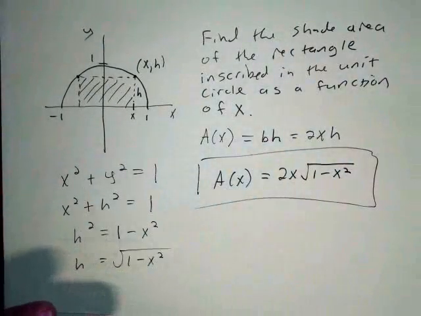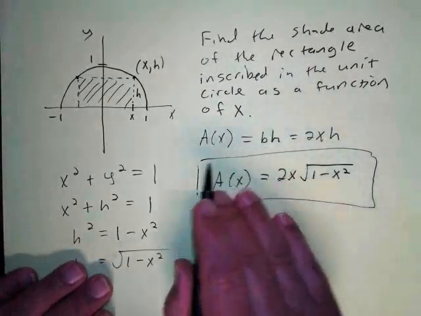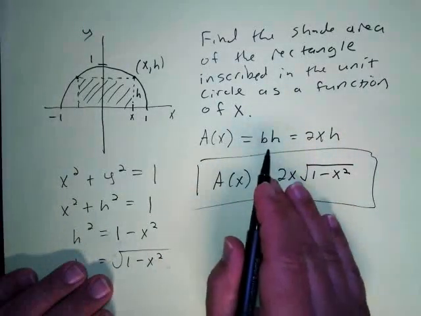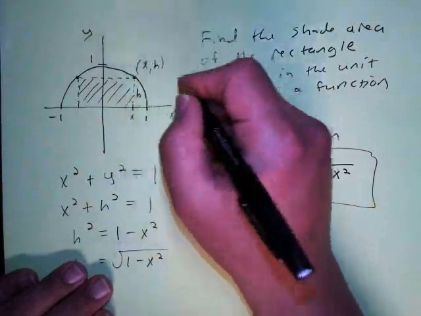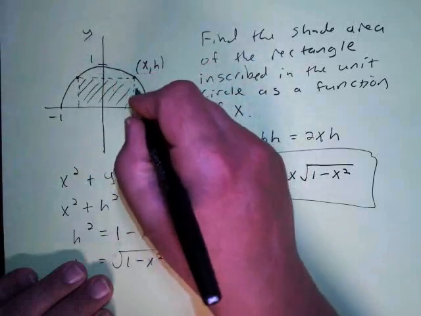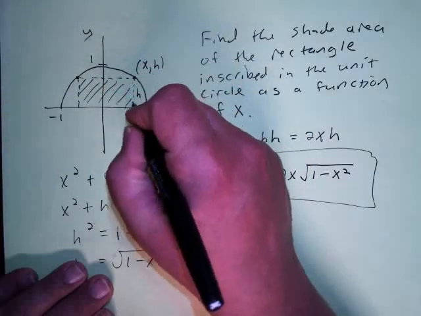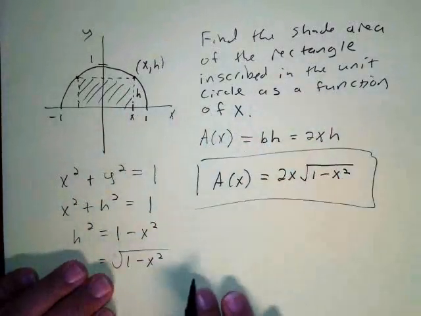Okay? Now, I actually made this one a little more confusing. Instead of doing the base times height, I could have noticed that the height of this rectangle is just the y. It's a point on the unit circle, and so I could have just solved this for y and plugged it in.